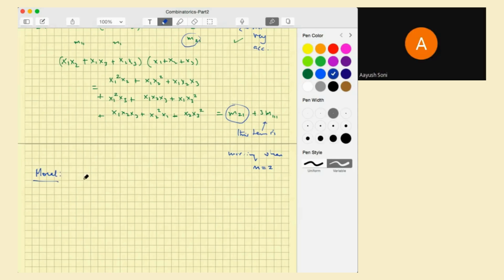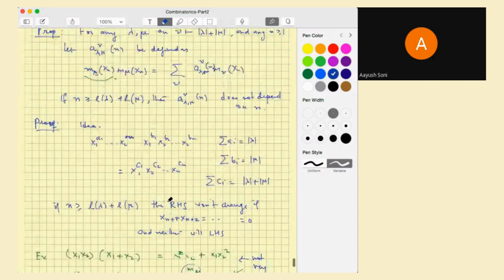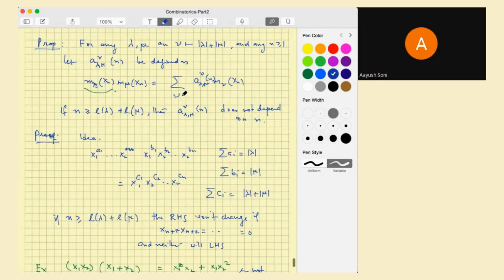I have a small question. When we defined m lambda xn, m mu xn, when we defined the product, we had a summation over what's this variable we called? Is this called nu? This guy, yeah. So we are taking a summation over nu of a lambda mu to the nu of n times m nu xn, right?